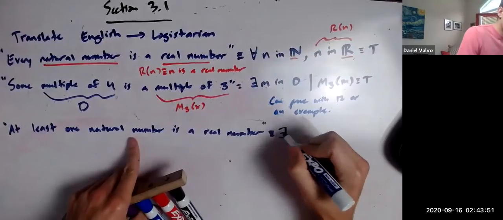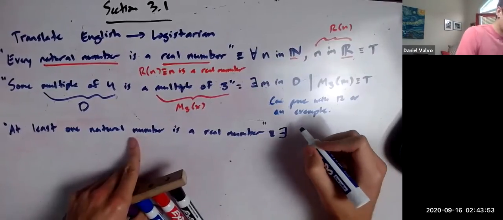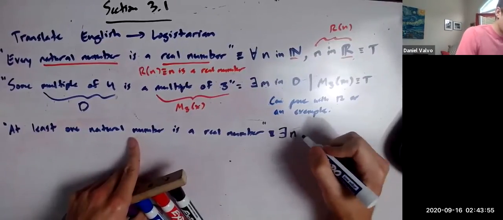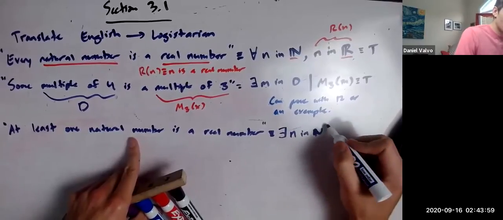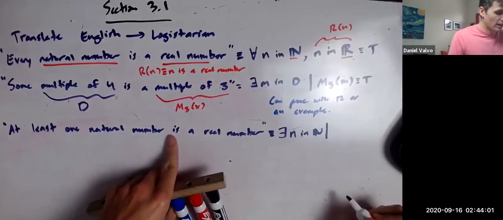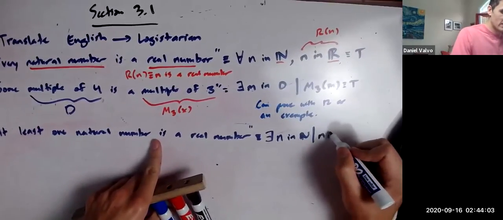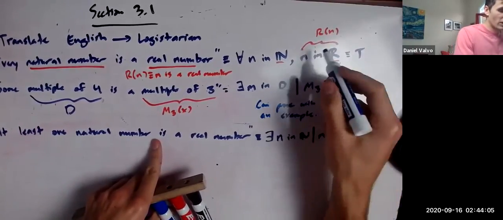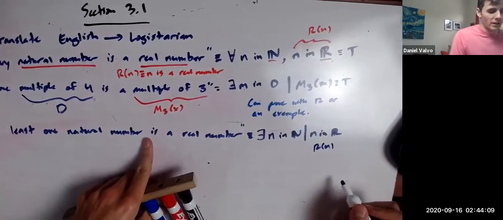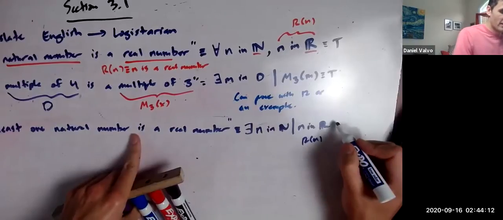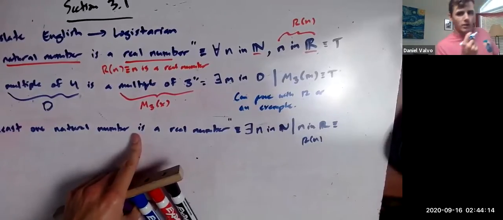So there exists an n in the natural numbers such that n is a real number. You could say n is a real number, or if you want to name that predicate R of n, you could also say R of n. Doesn't matter. But yeah, is this true or false?